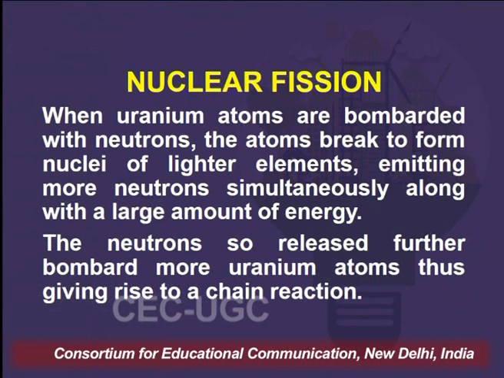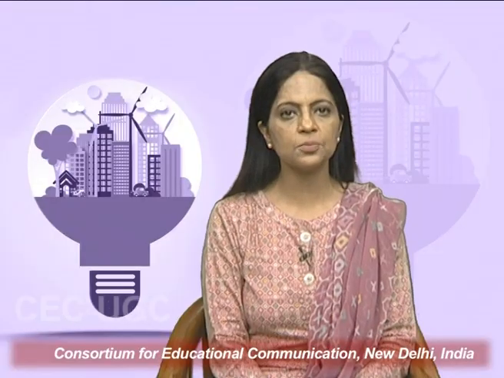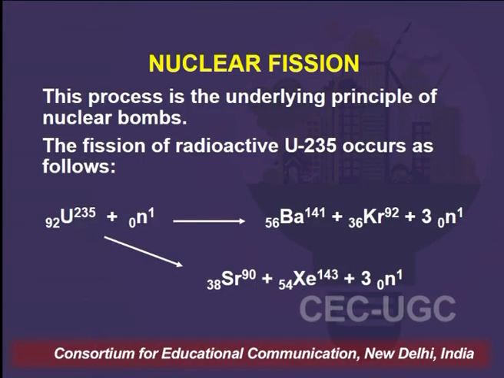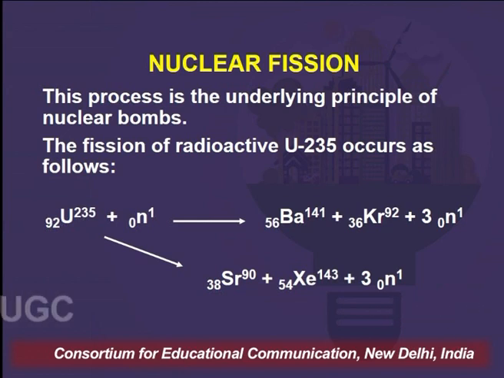The neutrons so released further bombard more uranium atoms, thus giving rise to a chain reaction. This process is the underlying principle of nuclear bombs. The fission of radioactive uranium-235 occurs as given in the equation, where a neutron bombards uranium-235.